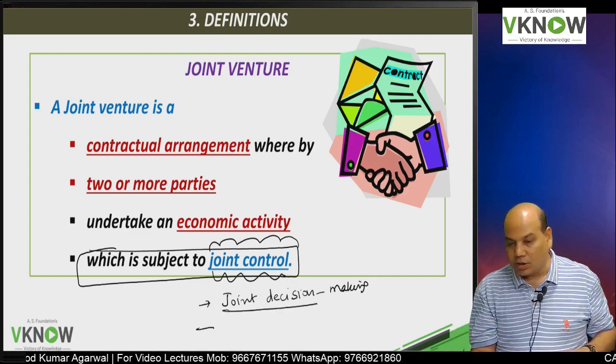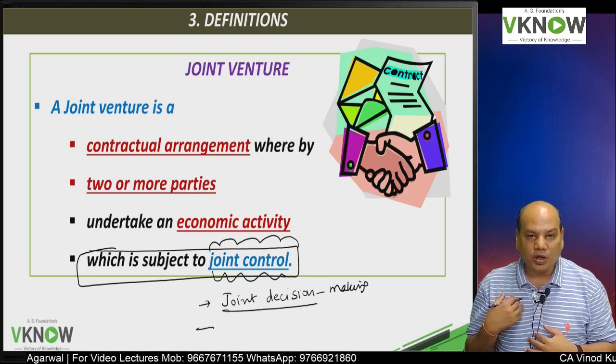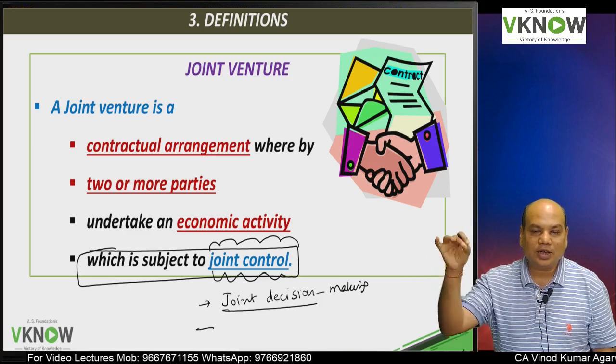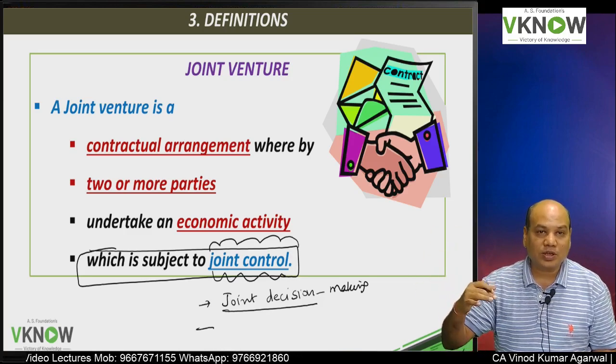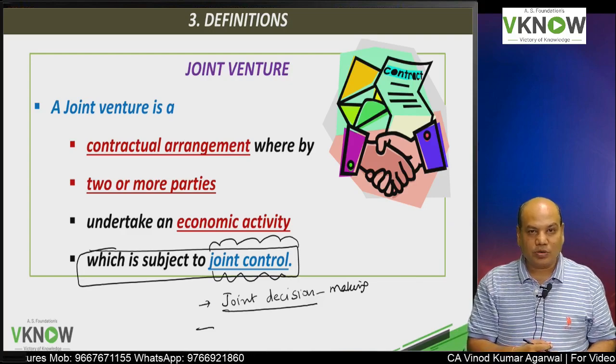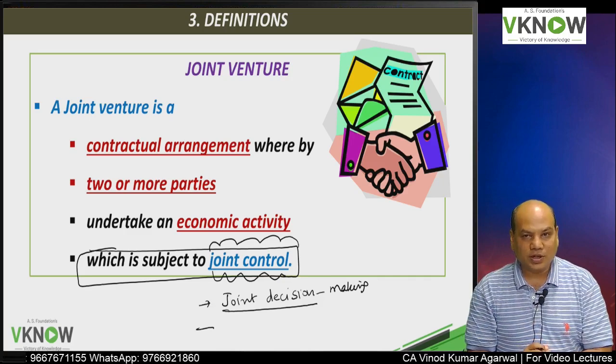Here the venturers will have to take decisions jointly. One venturer cannot unilaterally take the decision. He has to also take the approval of the other co-venturers.